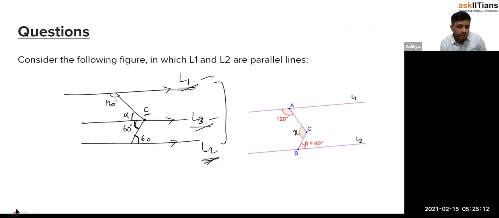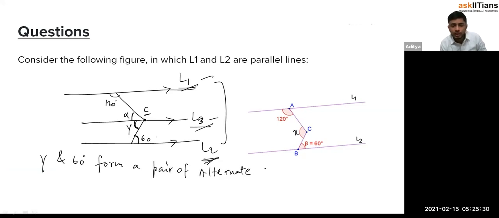Or we can also say it like this: if this angle is gamma, then gamma and 60 degree form a pair of alternate interior angles, okay? So they will be equal to each other because the lines are parallel.